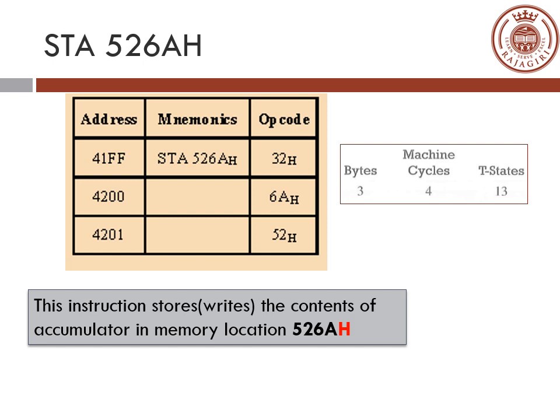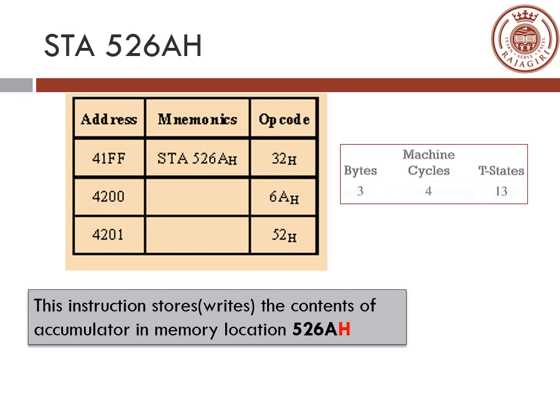So what is required for STA further? When he reads 32H and decodes it, the processor understands that this is an STA instruction. Now for the STA instruction to be executed, the data has to be taken from the accumulator and it has to be written to a memory location. In order to specify the memory location, we need to have 16 bits.